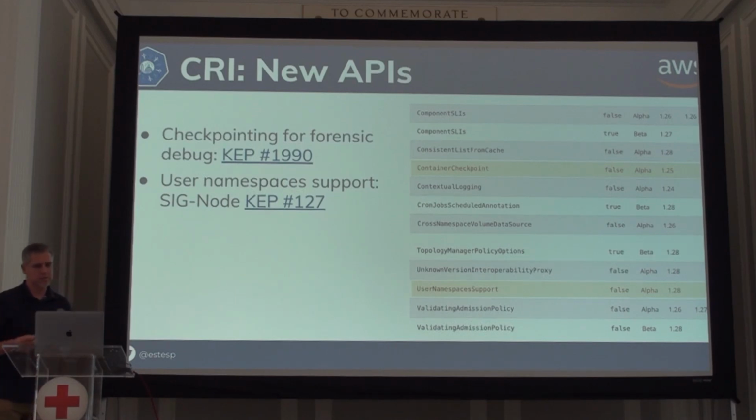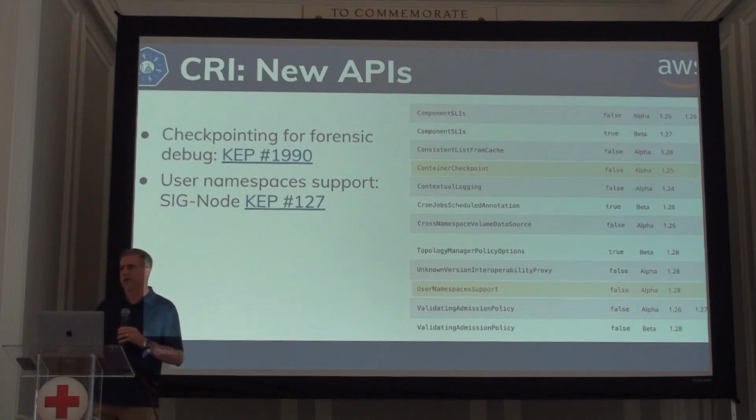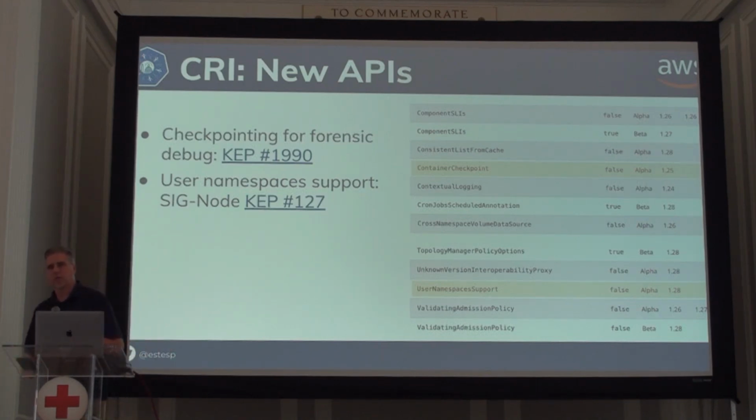Some of these took months, some took years. But again, the community rallies around to understand: is this the right path forward? How will people configure it? Is it secure?